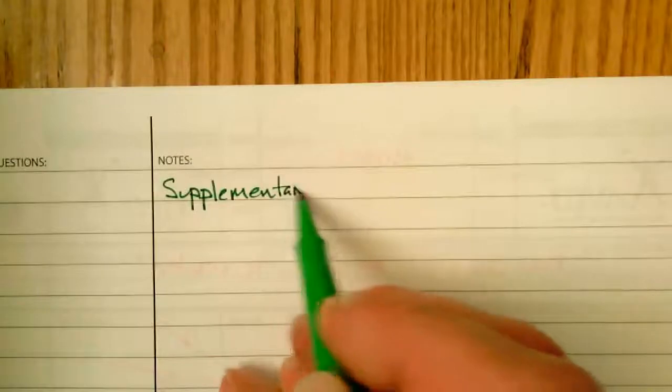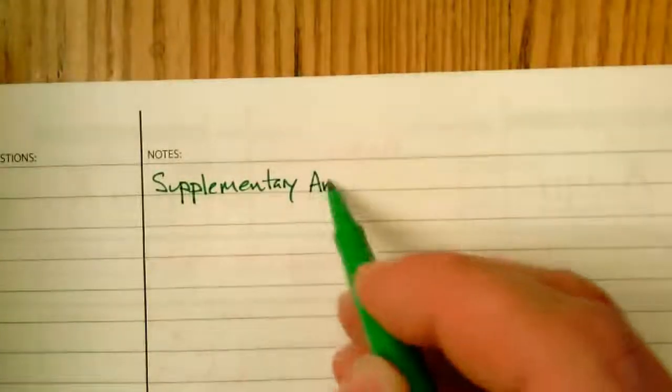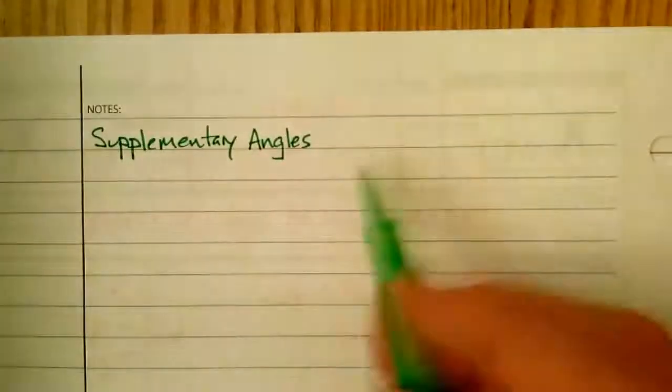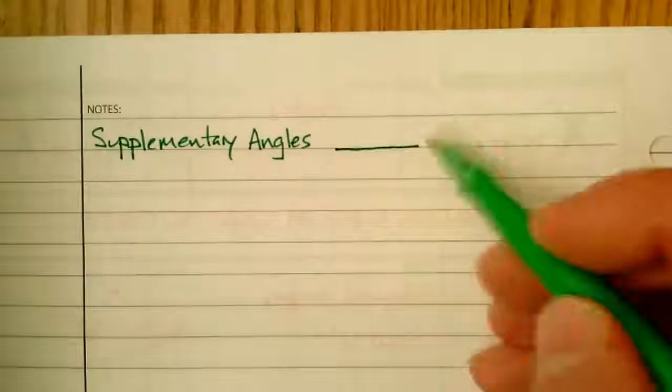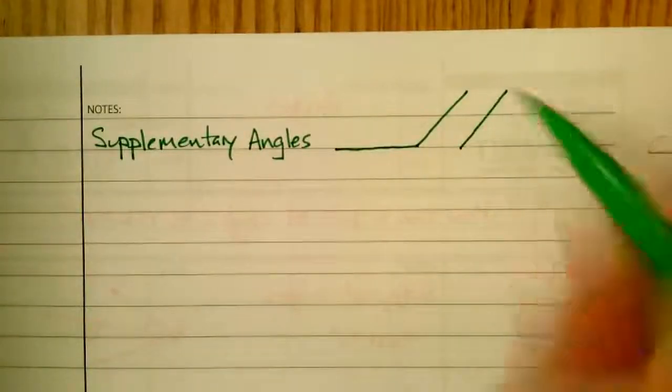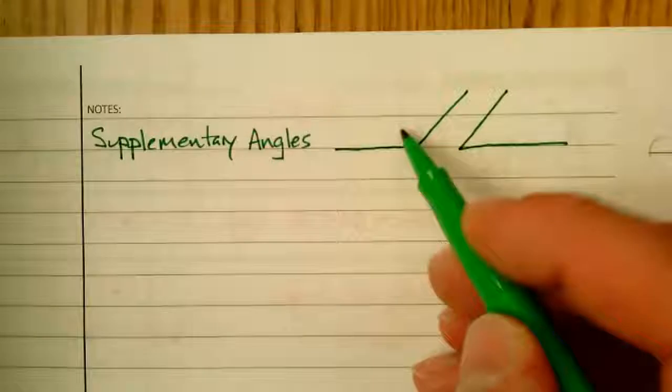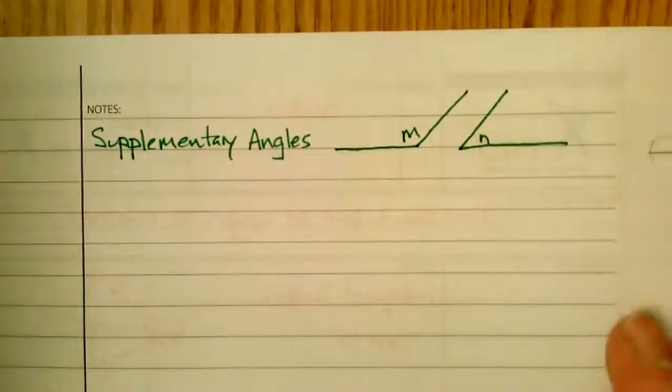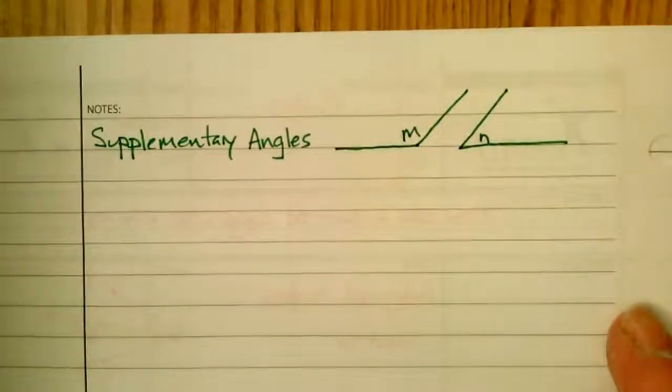Okay, let's see here. Next we have supplementary angles. Okay. So if I want to draw these a little bit differently, say I have angle M and angle N. Okay.